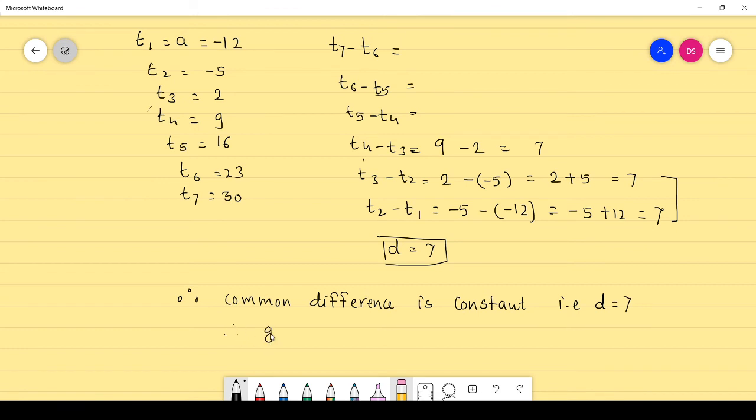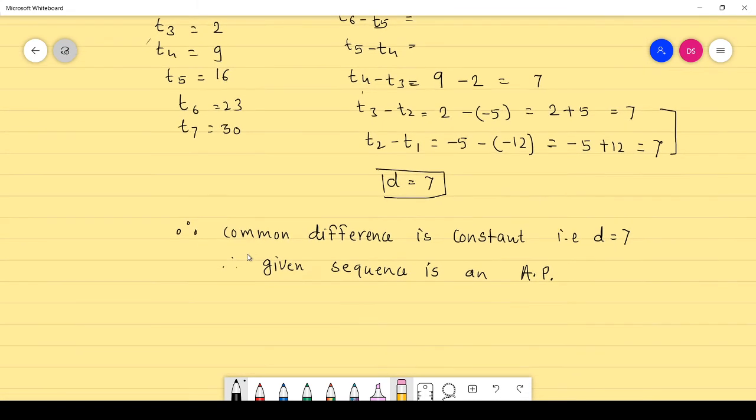Therefore, the given sequence is an arithmetic progression, because in the last board examination they kept half a mark for this statement. So no need to forget this statement if you want the full marks there.